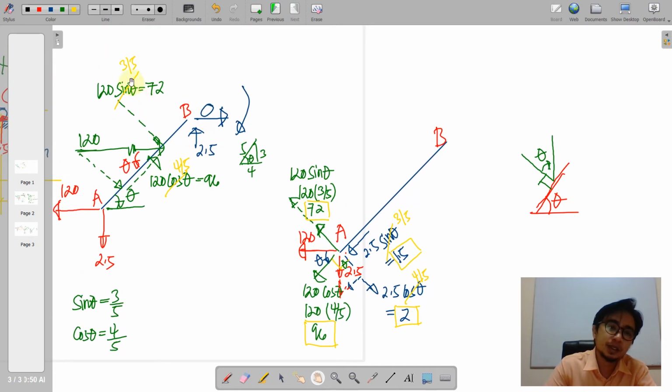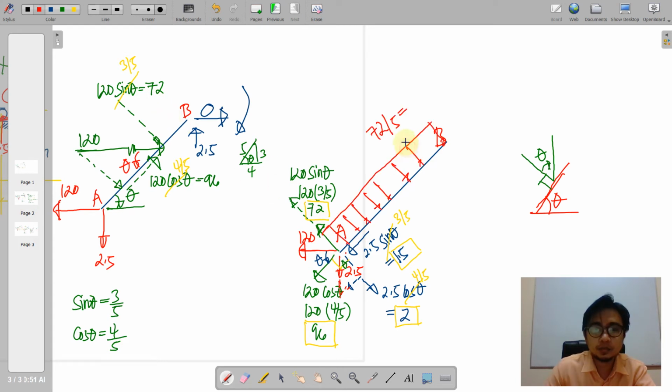First, the perpendicular component of 120 is 72, and 72 shall be equally distributed along AB, so that is 72 over 5, because our length for AB is 5 meters. The parallel component, 96, shall also be distributed along AB, divided by the length. We have 19.2 for that.